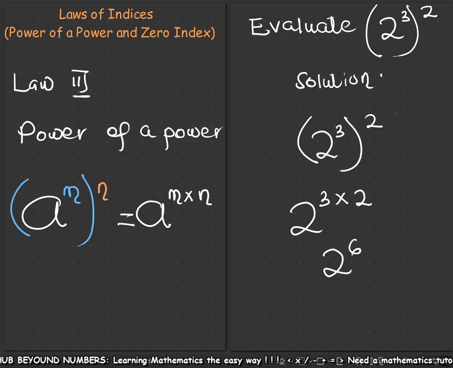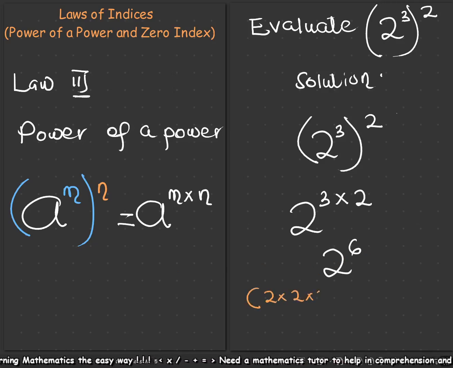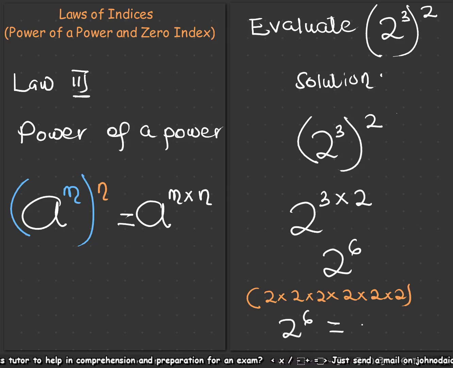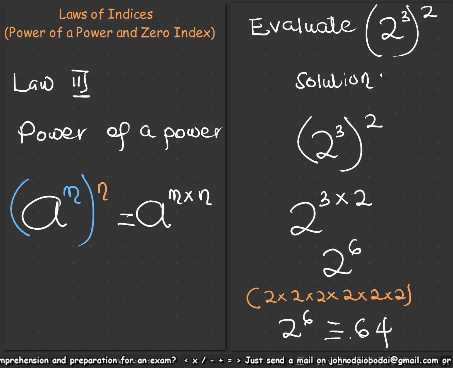And from our basic indices, we know 2 raised to the power 6 simply means 2 is multiplying itself 6 times. And that should give you what? 64. So here we can say that 2 raised to the power 6 is just 64. And that is our final answer.